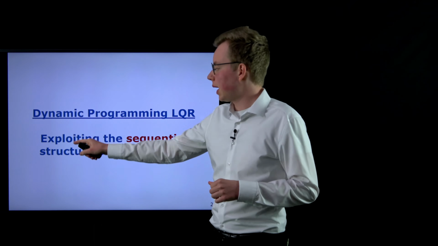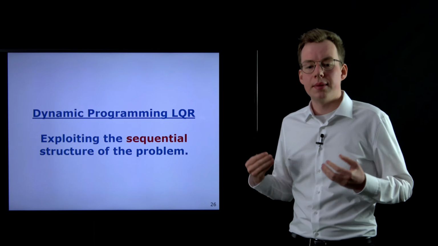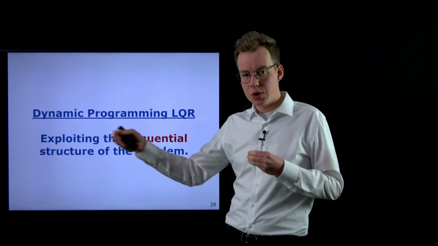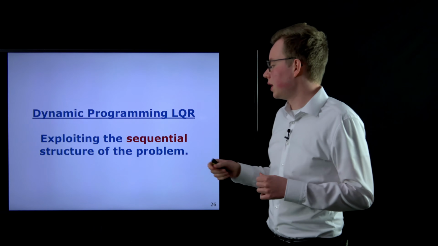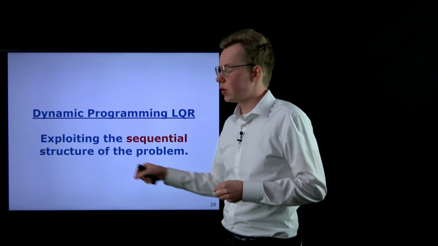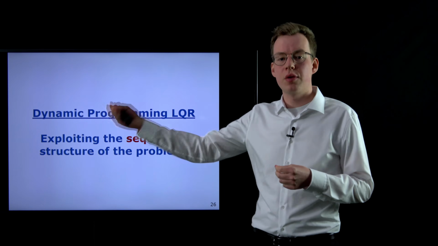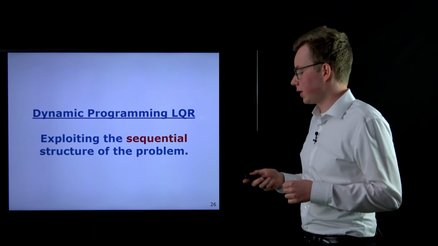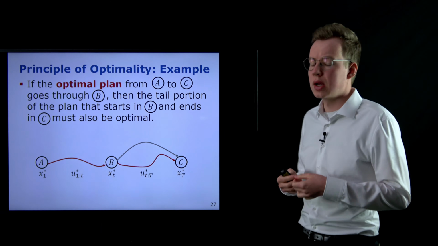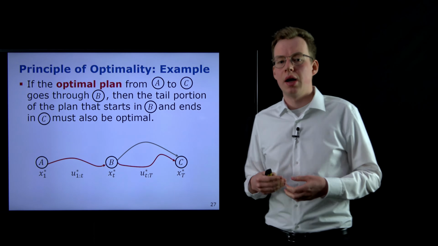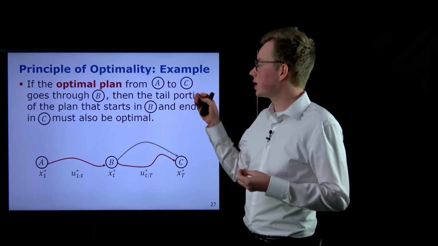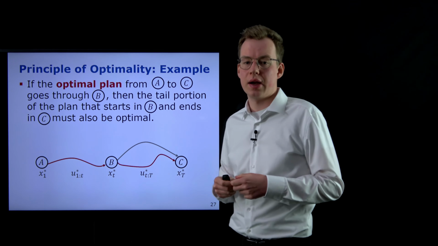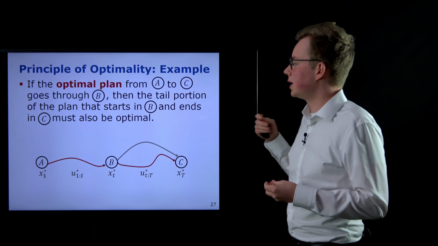The main idea is that we can exploit the sequential structure of the problem induced by the dynamics even more, to compute not only the forward simulation, but also a more efficient inverse of this H matrix. Before we dive into the math, I want to quickly highlight the underlying principle that allows us to perform this dynamic programming idea.